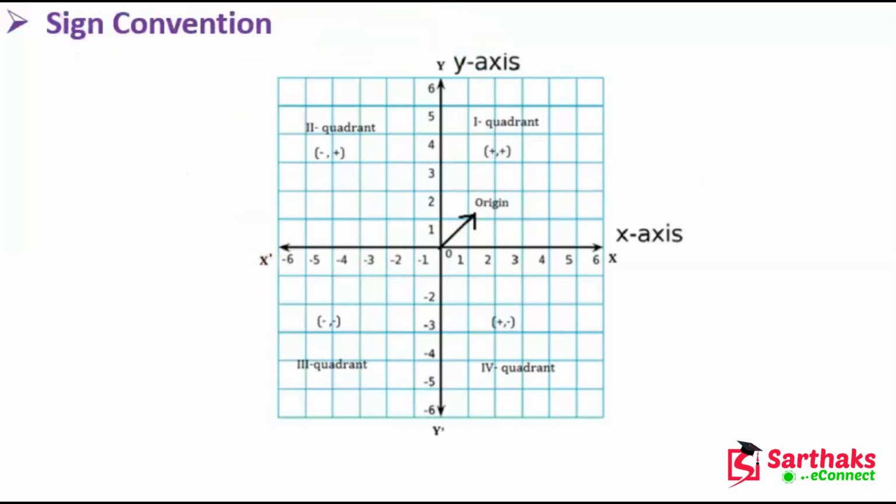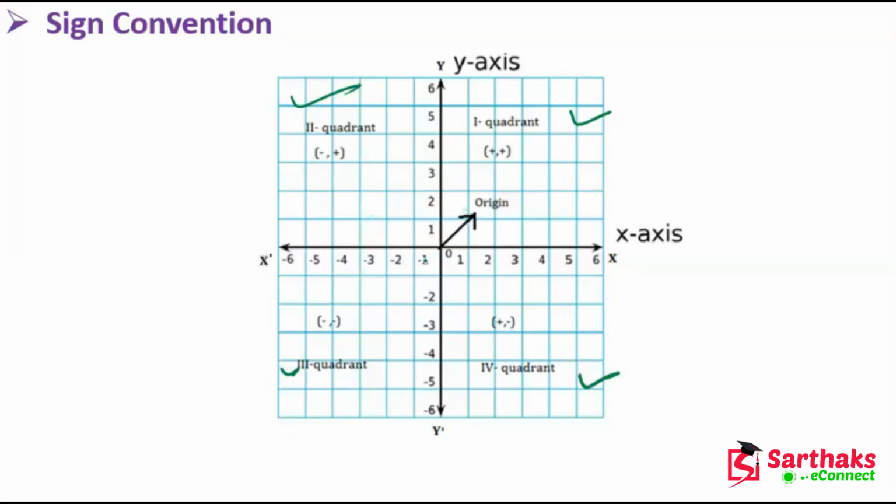Now, my dear friends, let's see the sign convention in the quadrants. These coordinate axes divide the Cartesian plane into four quadrants. This is the first, second, third, and fourth quadrant.